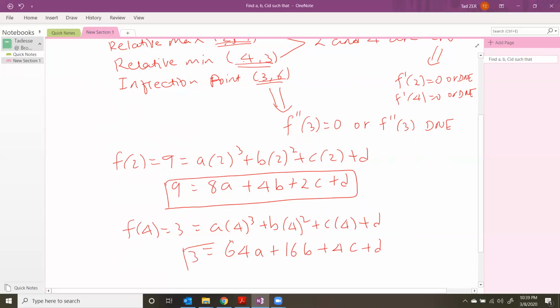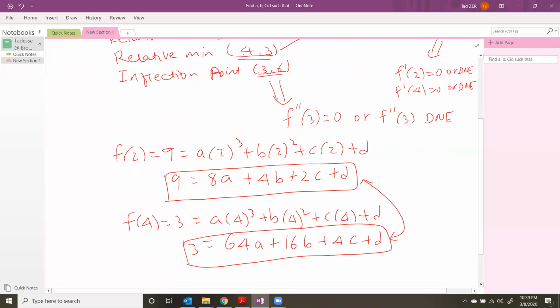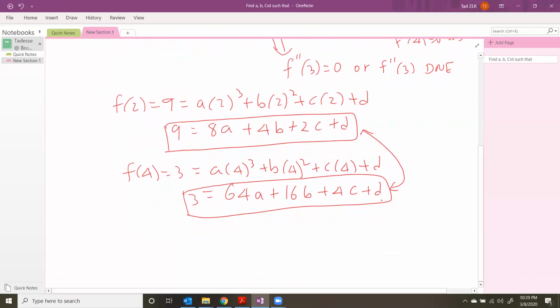So now you can see that I have two equations with 4 unknowns. You can solve for d in one equation and substitute into the other, or you can multiply one of the equations by negative one and then add them.